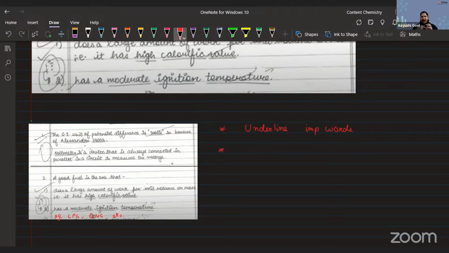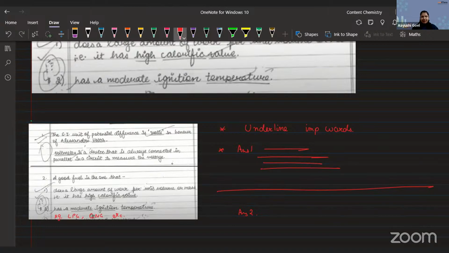Then after every answer, like this is my answer one and answer two, put a line here and leave at least one space. Like this is my answer, this is my answer, so leave a space here so I can properly write. Sometimes when I want to read my answer, I can write whatever example I have in my mind. Leave that one line space always. Okay.